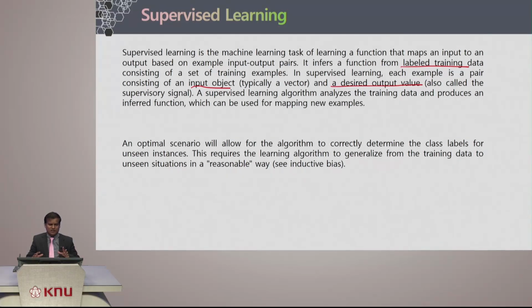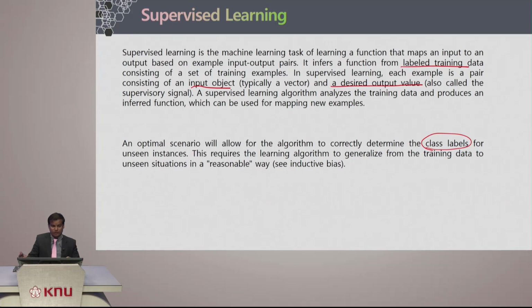A supervised learning algorithm analyzes the training data and produces an inferred function which can be used for mapping new examples. So the optimal scenario will allow the algorithm to correctly determine the class label. So optimally, we want to determine accurately what the label is.